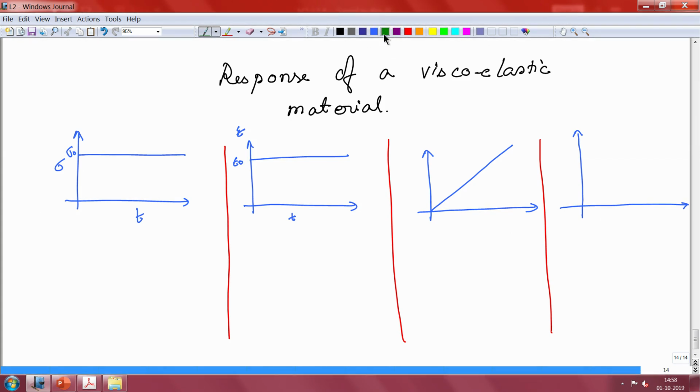So, this is your experimental, so rather the stress control test. When you were working with a classical elastic solid, you got this response.